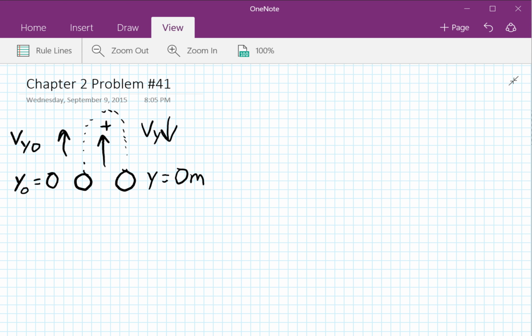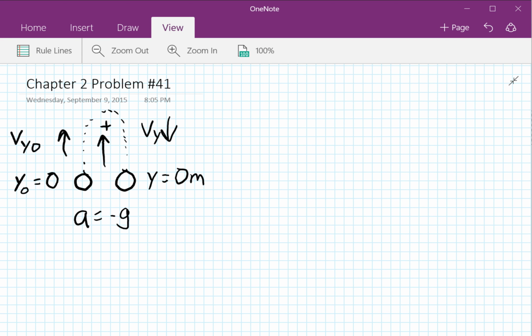We know that if it's falling near the surface of the Earth, the acceleration is going to equal a negative g, because remember, g is just the magnitude of 9.8. So if you're going to give it the direction, it's going to be a negative g, because I'm saying that going up is positive, which means going down is going to be negative.